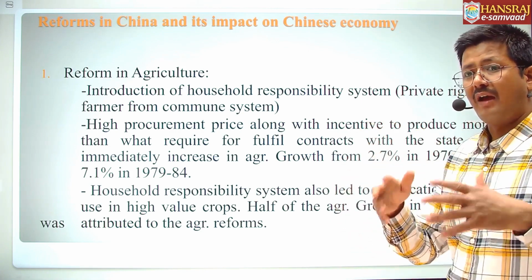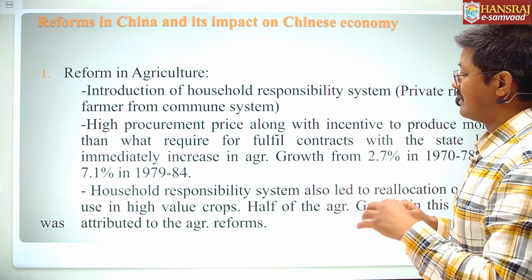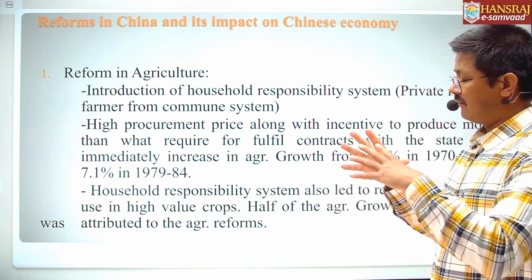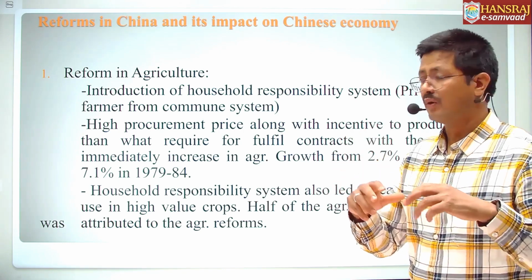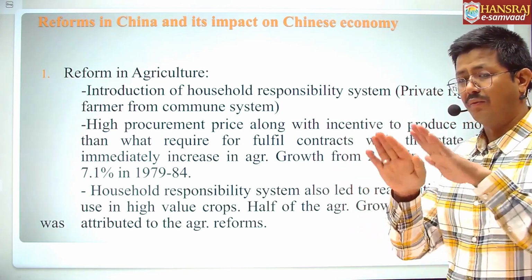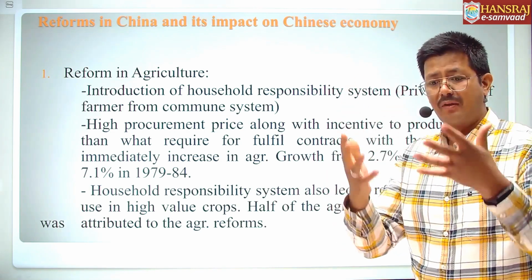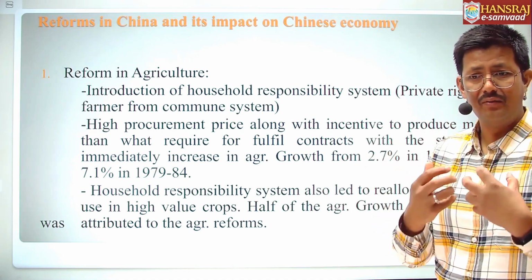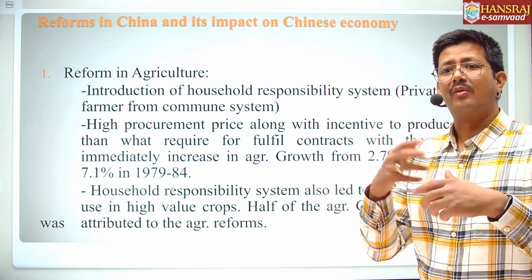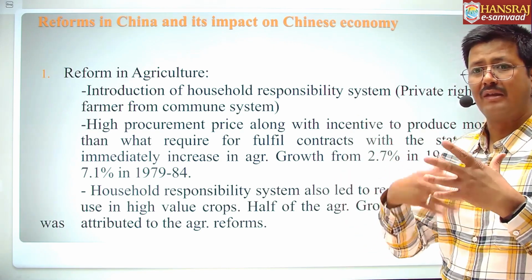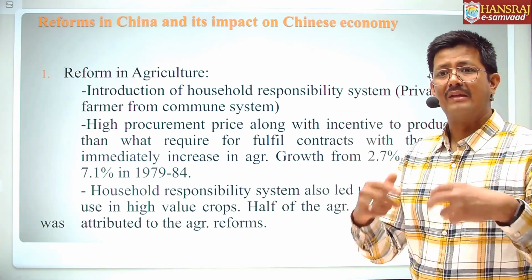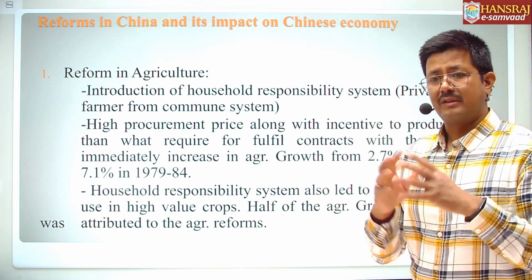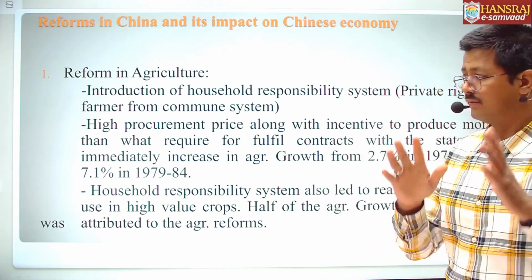Agriculture growth tremendously increased from the start of reform to 1984. So this reform led them to shift from low value crops to high value crops, because now they have the ownership right. If they get a better value for their output, they will produce more. That was the incentive given to the farmers, resulting in increased agriculture growth during the initial period of the reform.